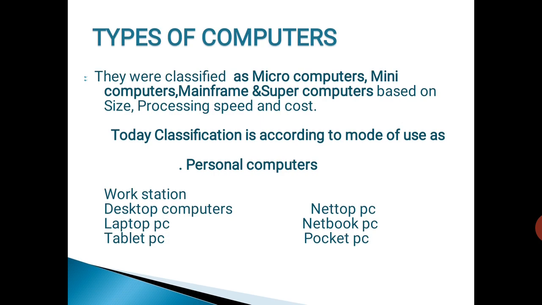So, going on, in the next section we can see the different types of computers, though you are already familiar. These types of computers were classified as microcomputers, minicomputers, mainframe, and supercomputers based on size, processing speed, and cost.